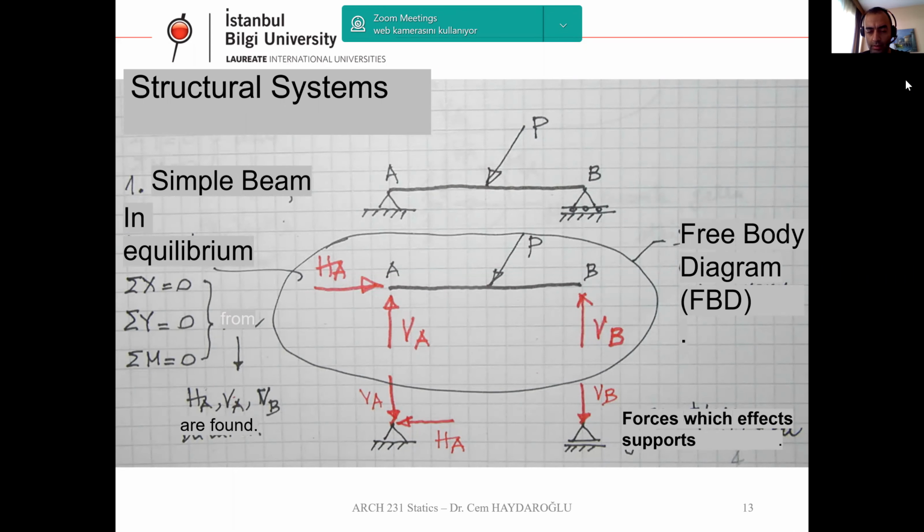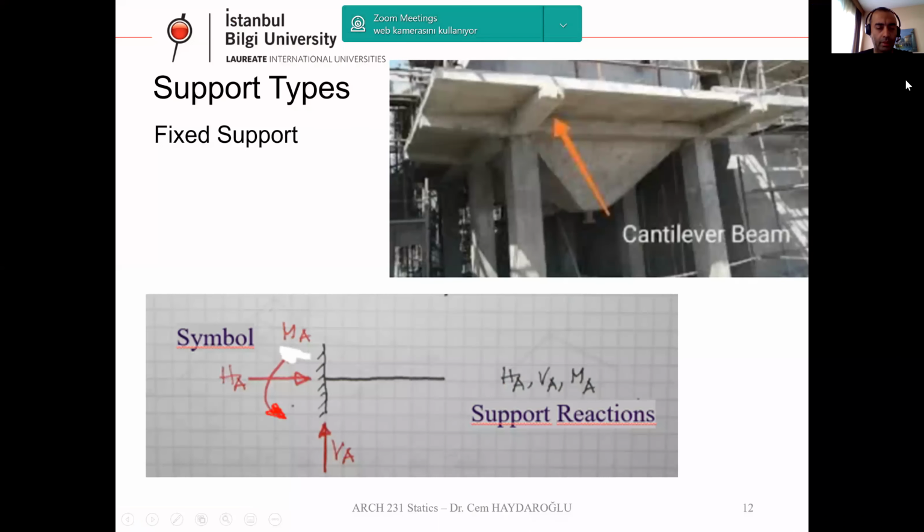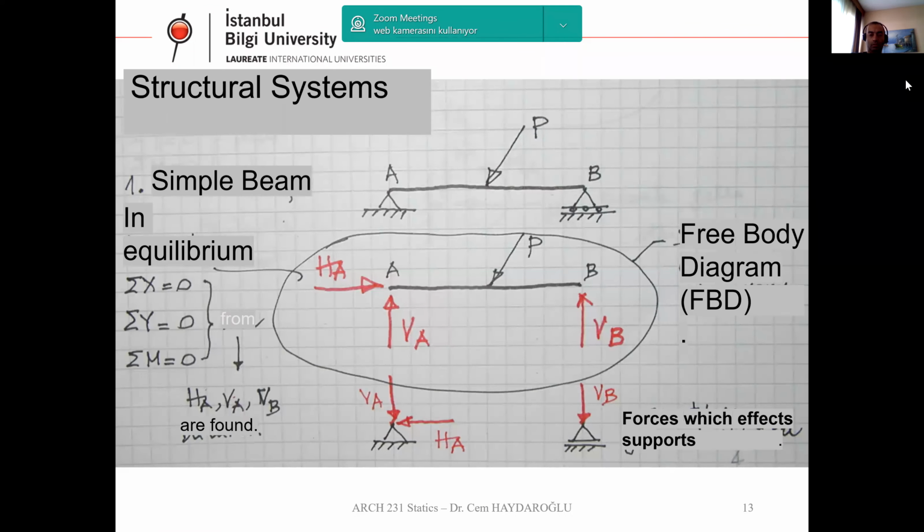Okay, ladies and gentlemen, we've just talked about the support types: pin support, roller support, and fixed support. Now we're going to talk about structural systems. The first one is simple beam. As you can see at the top, there is a beam which is a bold black line.